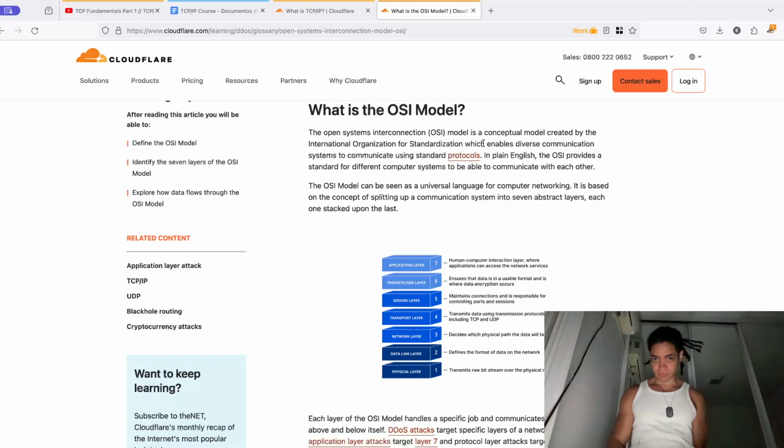In plain English, the OSI provides a standard for different computer systems to be able to communicate with each other.